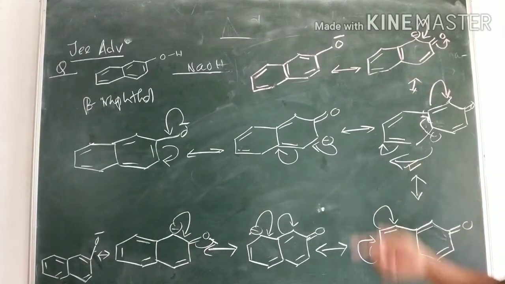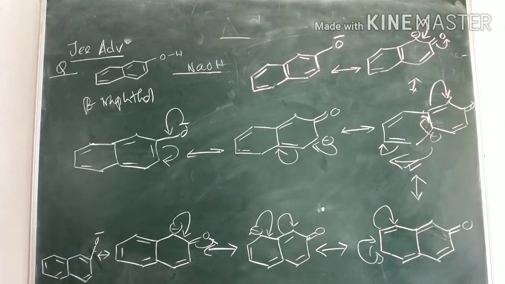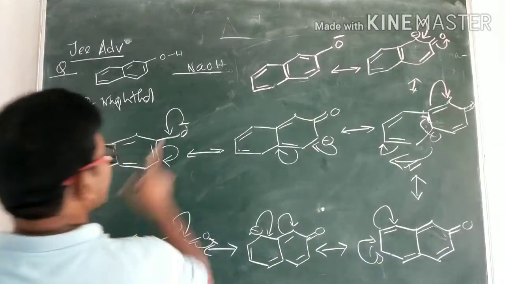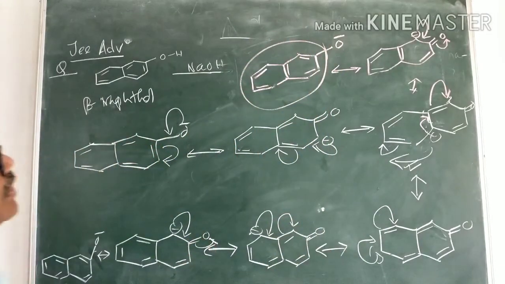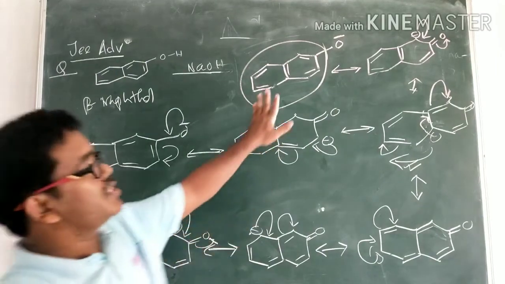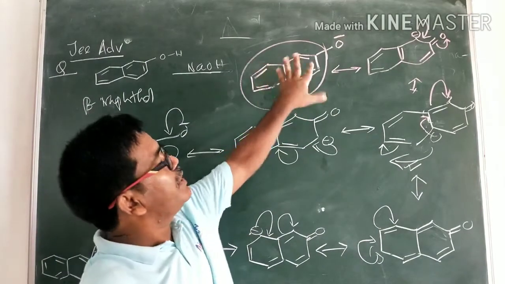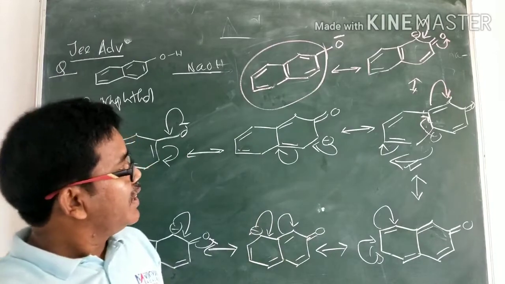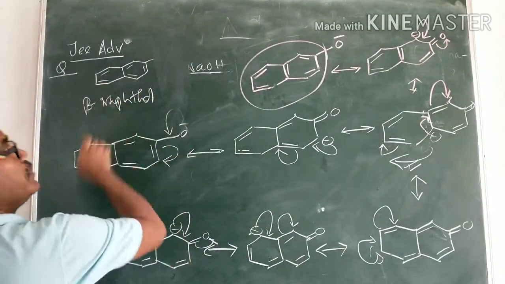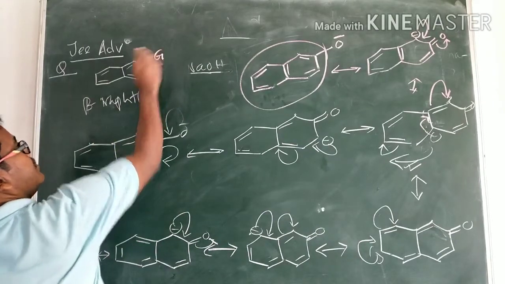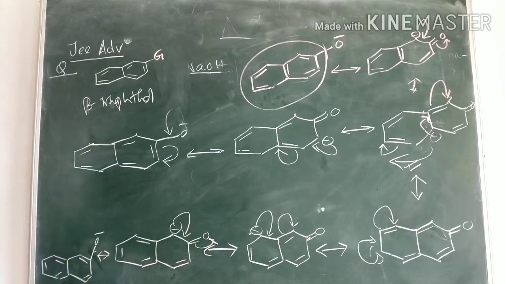Now I am going to discuss the technique: how to find the resonating structures without drawing all these structures. Just seeing the structure, we can tell the total number of resonating structures. In this case, when a benzene ring is there, and outside the benzene ring there is a particular atom G, any kind of atom.